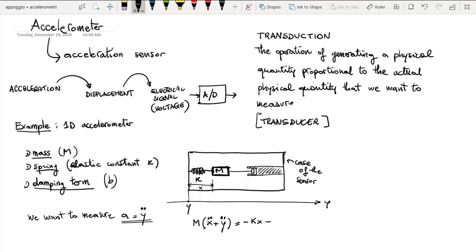Okay, so it's like minus b x prime. When x prime is positive, you have a force which is pushing back the mass, acting as a brake. Okay, so this is the equation, and this is the quantity that we want to measure. This x is exactly the displacement.